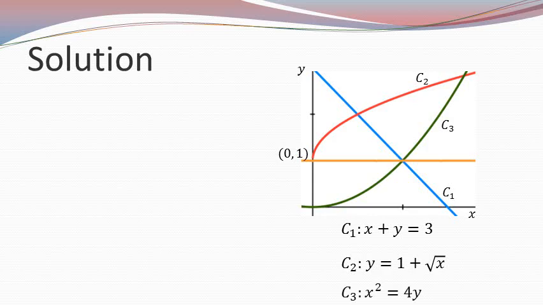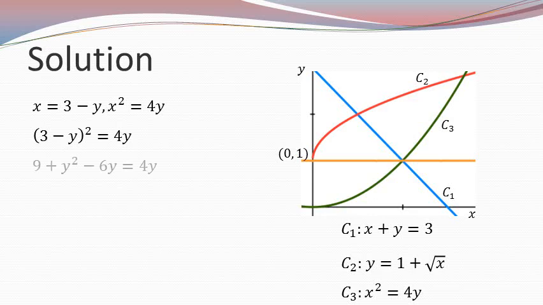Let us now find out the point of intersection of C1 and C3. So for that we write down the equations like this, and therefore we get an equation containing y, which is expanded to give us this. Now bringing all the terms to the left hand side, we find that we have a quadratic equation in y.